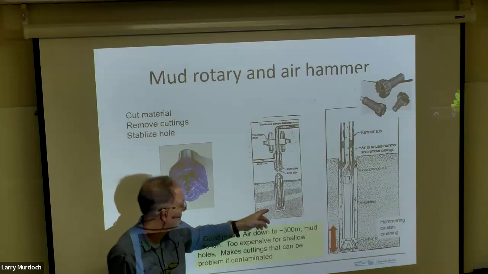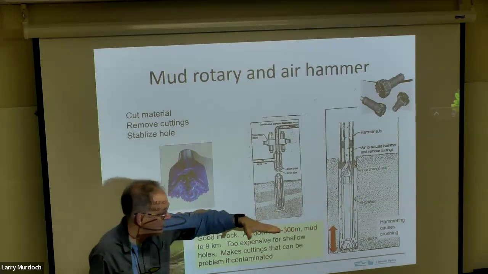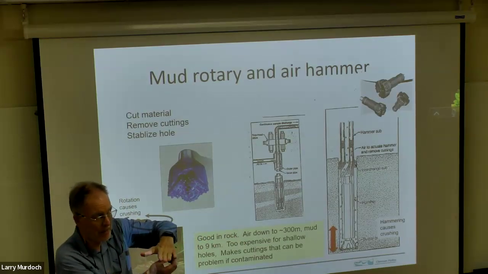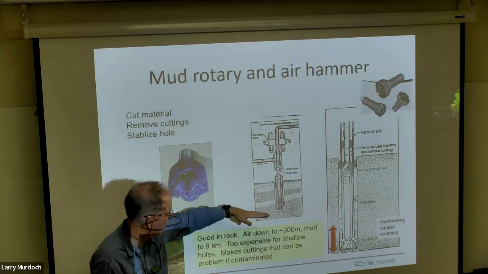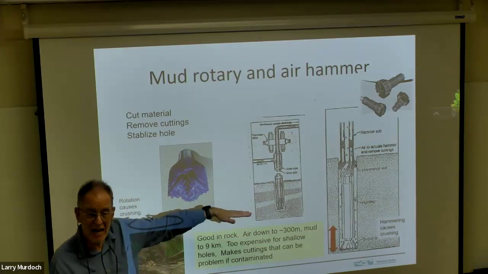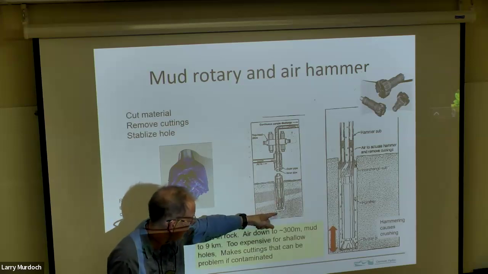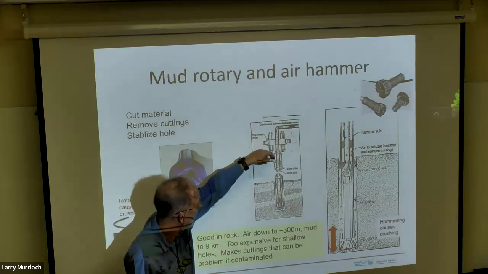The other way of doing it is to have a bit that is flat with carbide bit bumps on the bottom of it, and it's going up and down. So it's powered by something that works like a jackhammer. So it goes up and down. As it goes down, it crushes the rock. And then it's powered by air.